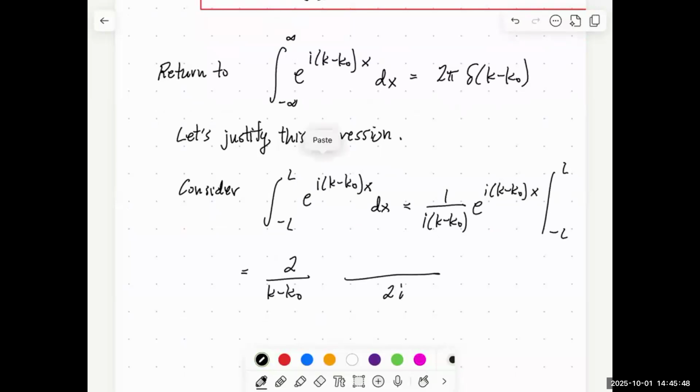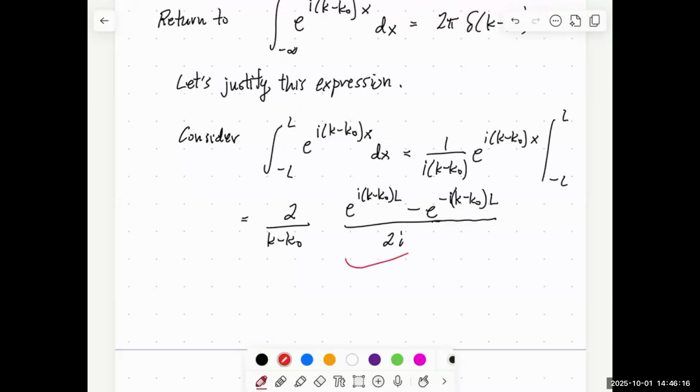I have the i(k minus k naught) in there. So now I just have to put the limits into this exponential. So this is e to the i(k minus k naught)L minus e to the minus i(k minus k naught)L. So I picked up the minus sign here from the minus L in this limit.